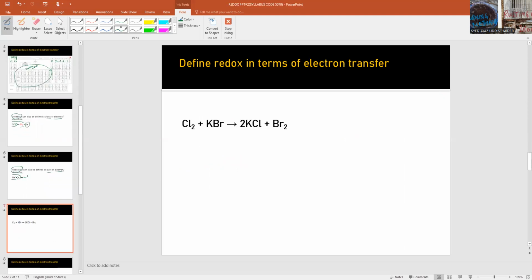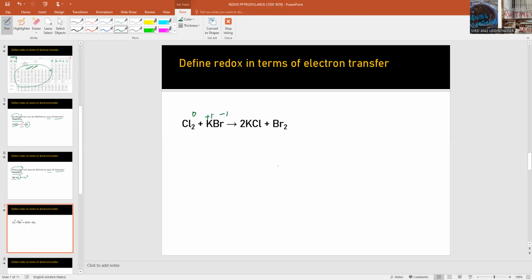Now let's look at this equation and solve this one in terms of loss and gain of electrons. Here Cl2 carries 0 charge. In case of KBr, although there is no charge on the whole compound, according to the valency concept, K carries +1 and Br -1. Let me write -1 +1.